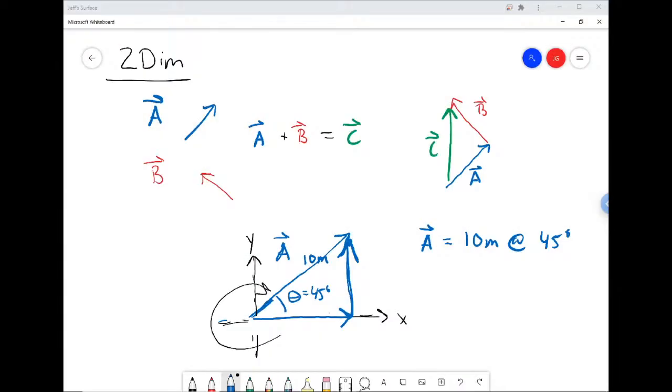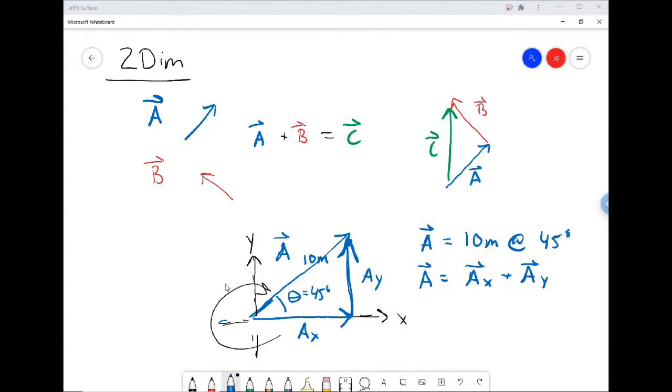So what we've done here is we've decomposed A into an x component, call it A sub x, and a y component, A sub y. Just like before where we said C equals A plus B, here we can say A equals Ax plus Ay.